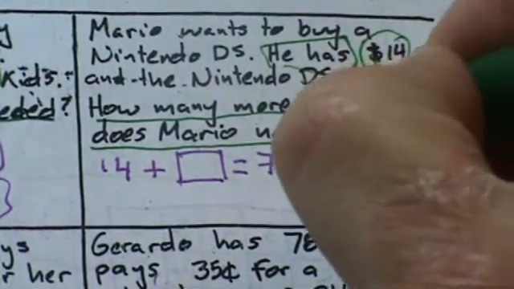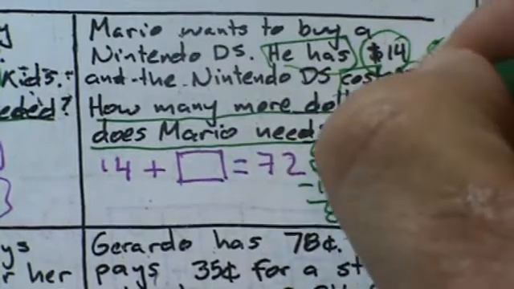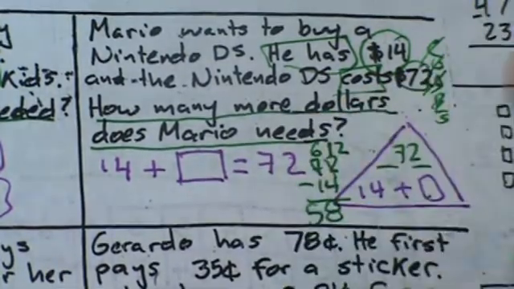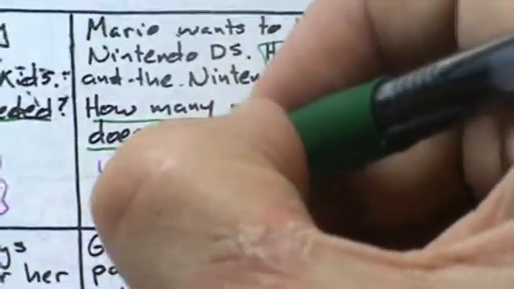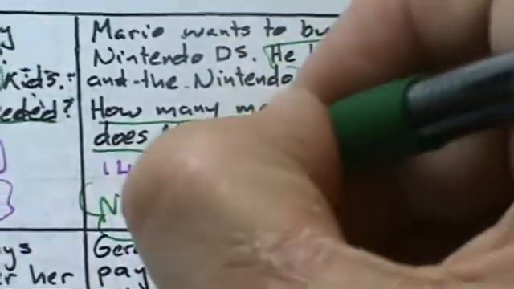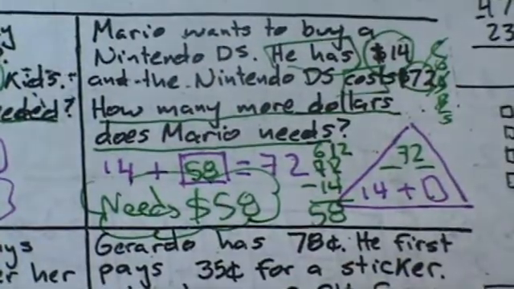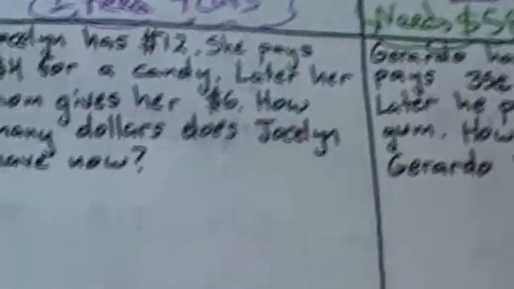No, this is going to be 12 and this is going to be 6. 12 minus 4 is 8 and 6 minus 1 is 5. So he needs $58 more. Okay? That was easy too. Next one.